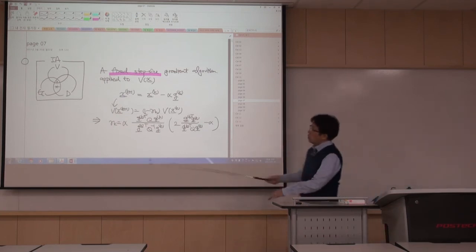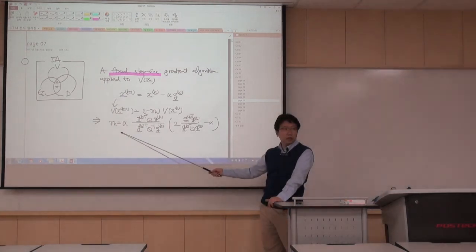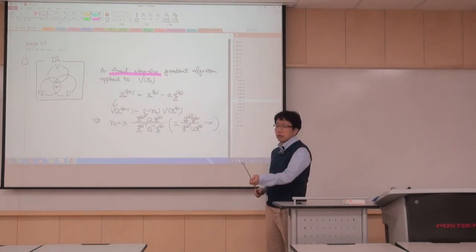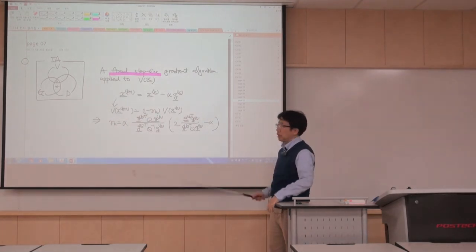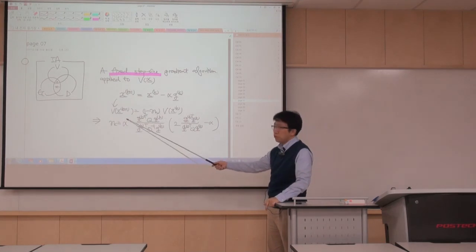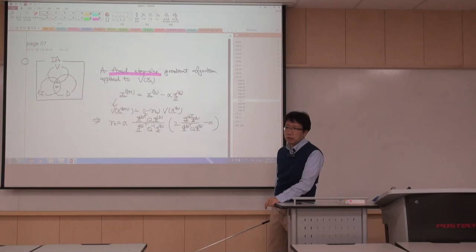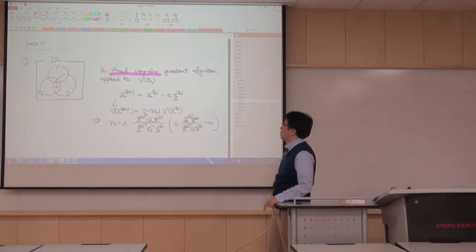So this gamma sub k is nothing but the gamma sub k for the general gradient method applied to V of x, where alpha k is replaced by alpha. Nothing different.